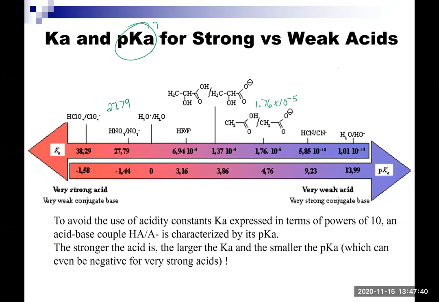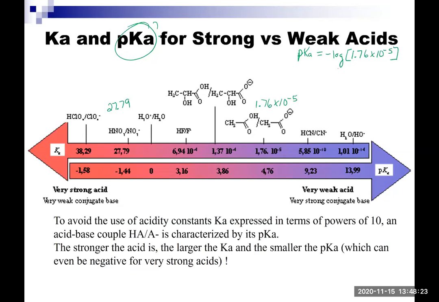If we take the negative log, then, for example, of 1.76 times 10 to the minus 5, so we want the pKa, it equals the negative log of 1.76 times 10 to the minus 5. And so in your calculator, you're going to put 1.76 EE 5 and then hit the plus minus key.